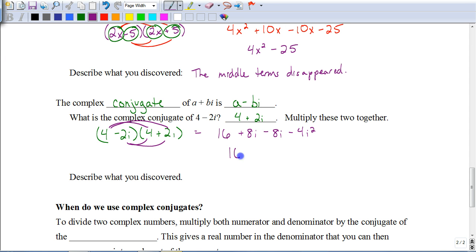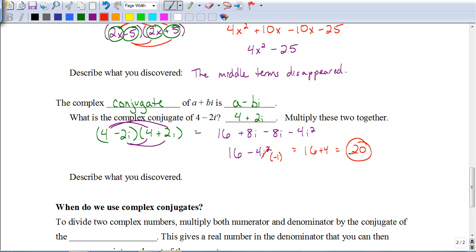So we're going to have 16 minus 4i squared. Now remember, we talked in previous videos that i squared is the same as negative 1. So to simplify this, it's 16 minus 4 times negative 1, and negative 4 times negative 1 would be a plus 4. So our answer would be 20.